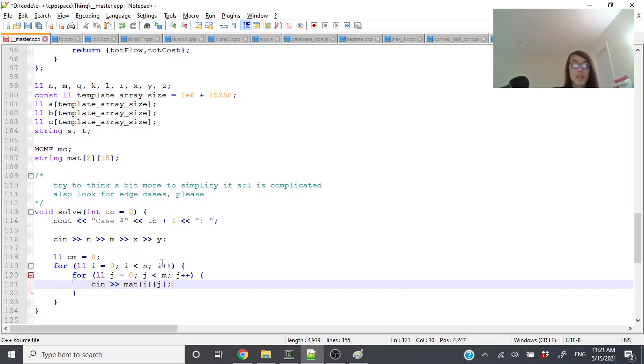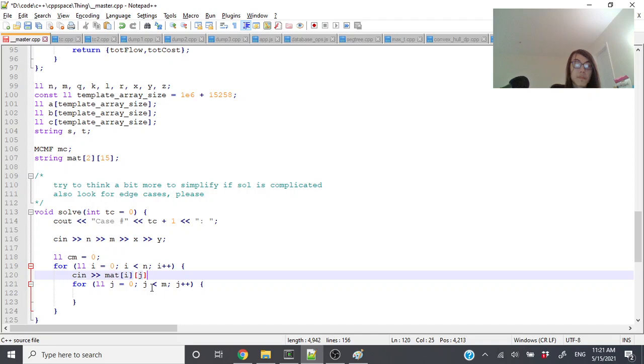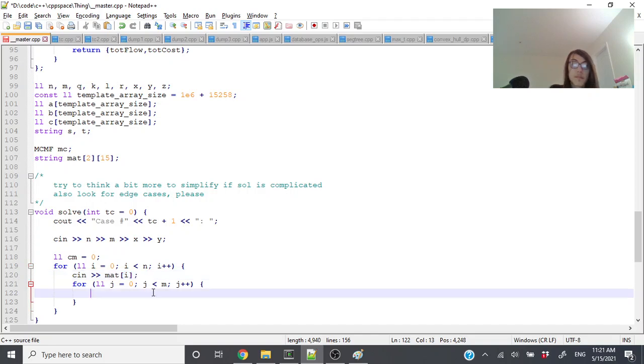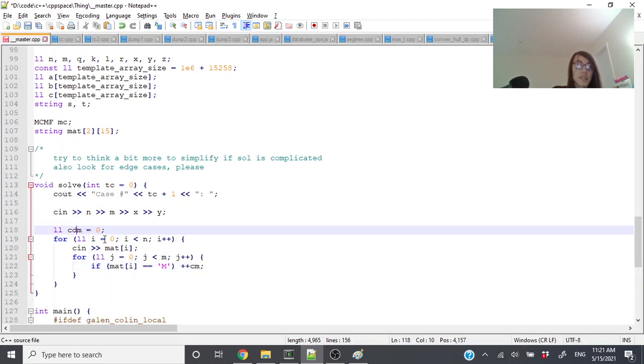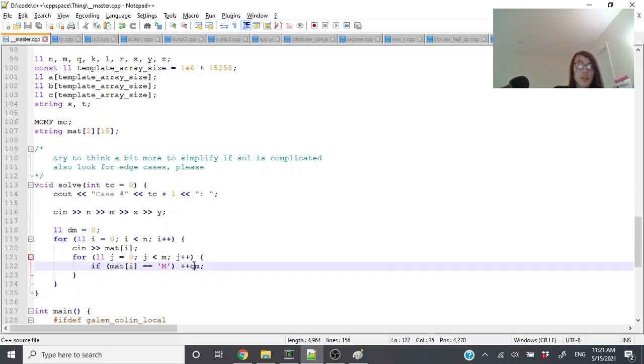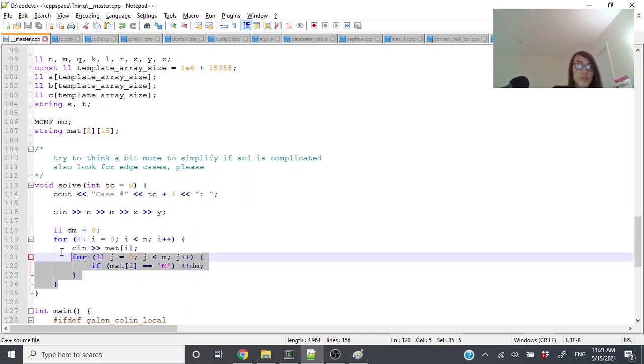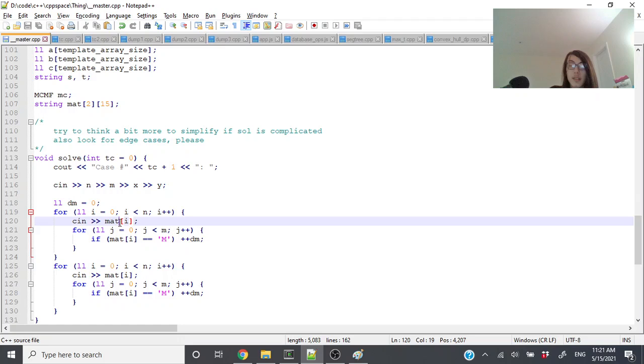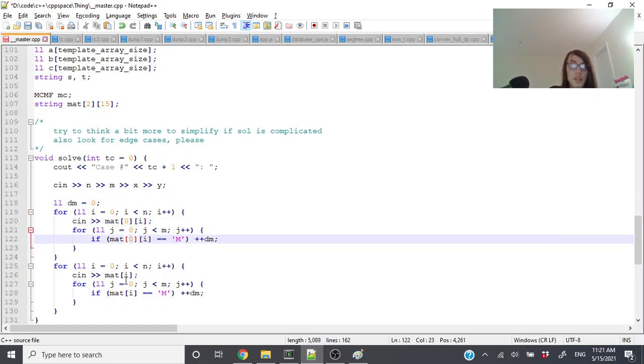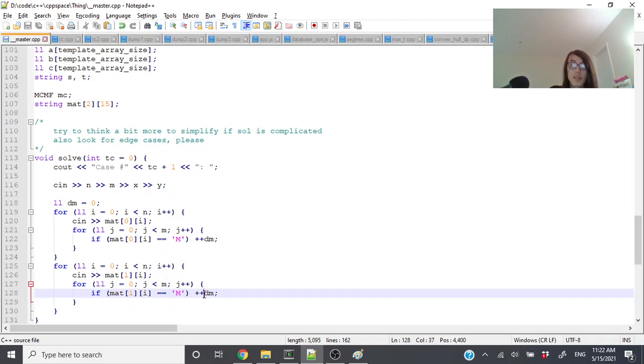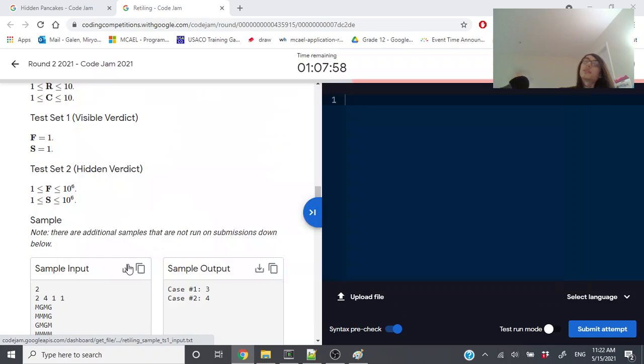Mat ij. Nope, this is just c into mat I. If mat I is equal to m plus cm. Actually, this is like the difference in m's, so we'll call it that. So this is mat 0i. This is mat 0i, and this is 1 and 1.